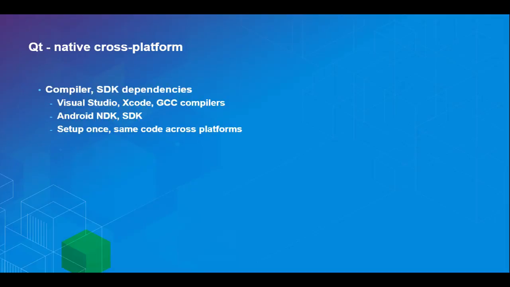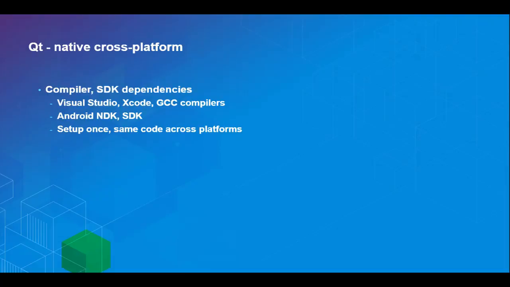Sort of continuing on the compiler SDK dependencies, if you're using the SDK directly, you will need the compiler: Visual Studio, Xcode, GCC compilers. You'll have to have those installed on the machine so that the Qt Creator IDE knows how to go in and actually work with the compiler. For Android, you need the NDK and the SDK, and we have the certain versions that you need on our website.